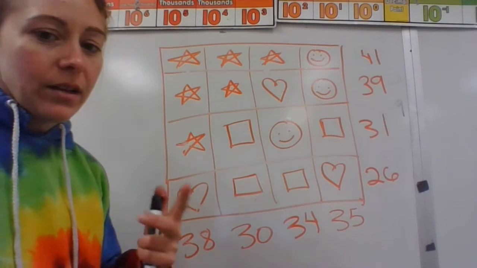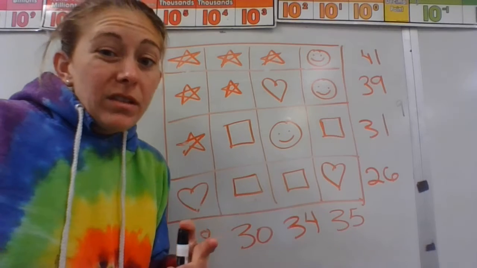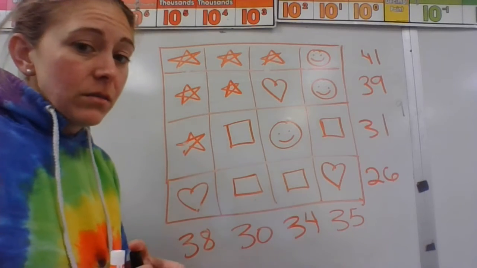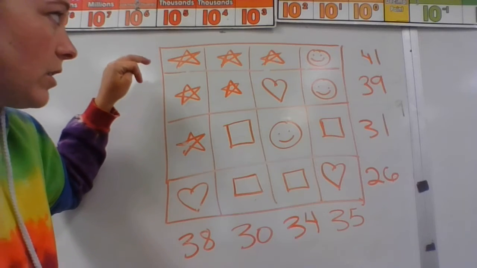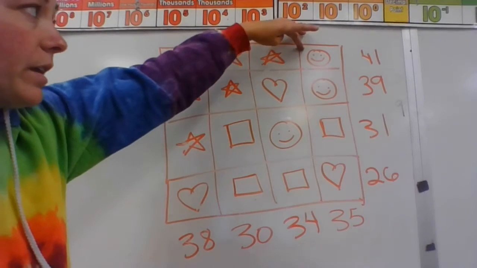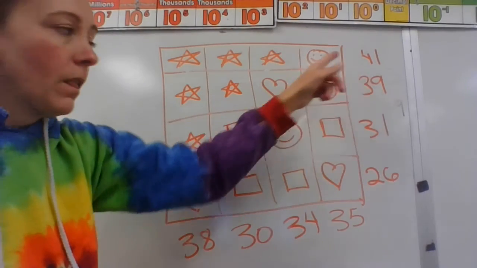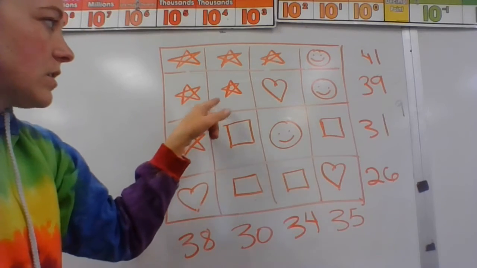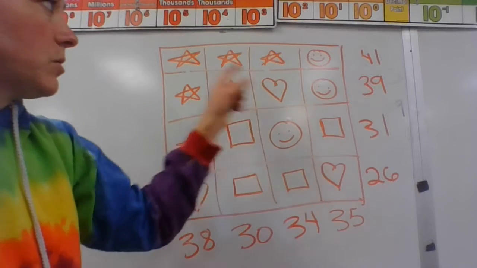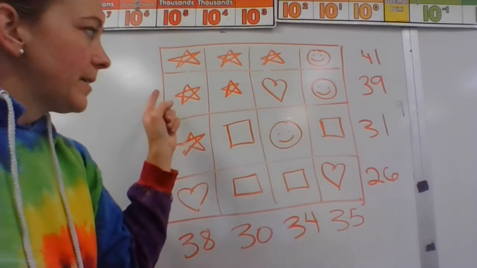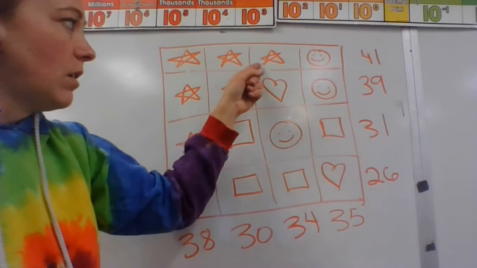Something I can recognize, like a line that is slightly different from the next line. One thing I noticed right here is that 3 stars and a smiley face are 41, and then 2 stars, a heart, and a smiley face are 39. So the only difference between the top row and the second row is a star versus a heart.